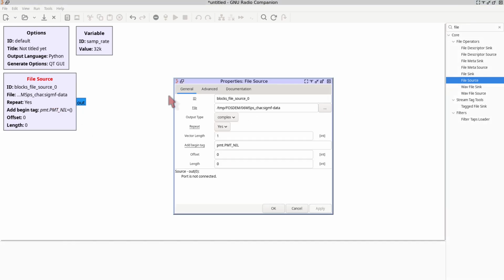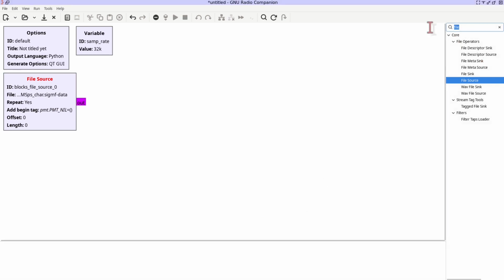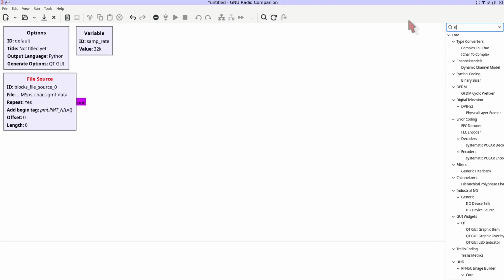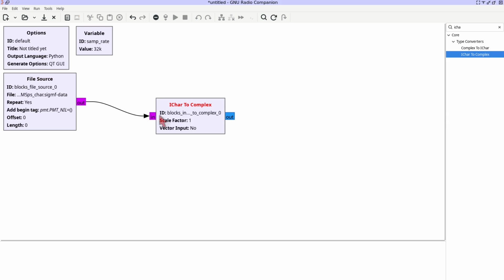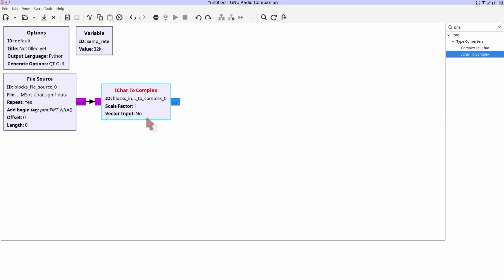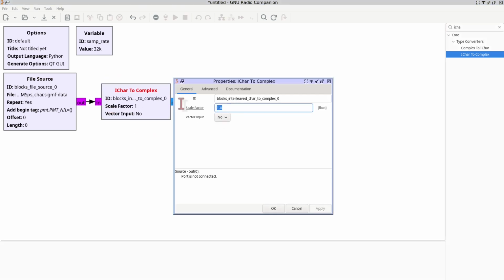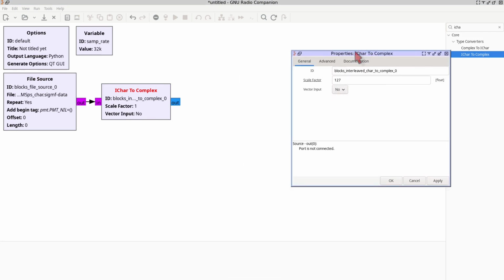Then we need to say that it's byte, so 8-bit data. We need to convert these interleaved 8-bit samples into complex data, and actually we can scale by a factor of 127 so that we go from the maximum to the minimum of an integer back to plus or minus 1.